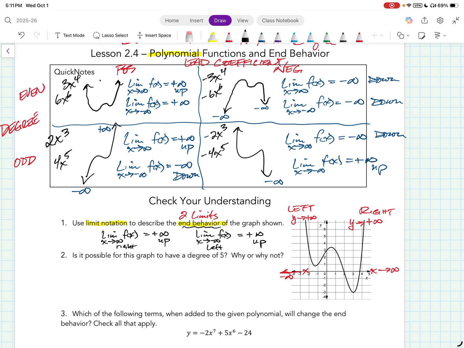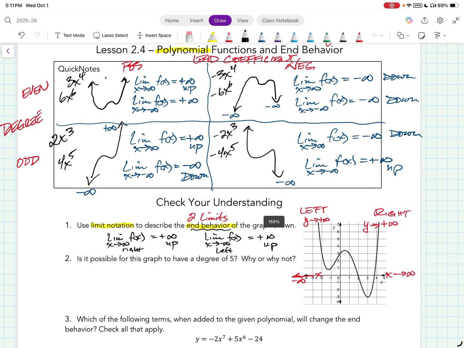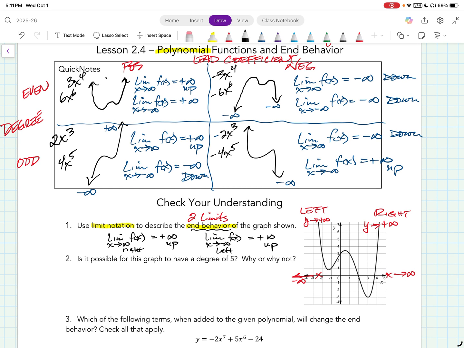But it can't be fifth degree, because odd degrees have opposite end behavior. It goes up on the right, down on the left, or vice versa. Opposite end behavior. Even degrees have the same end behavior.